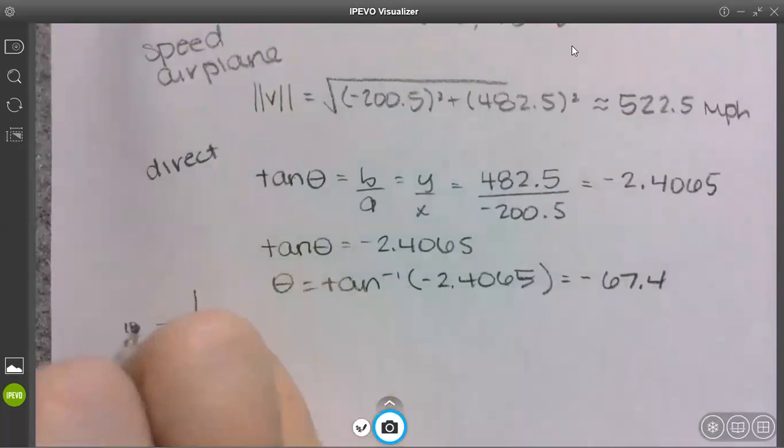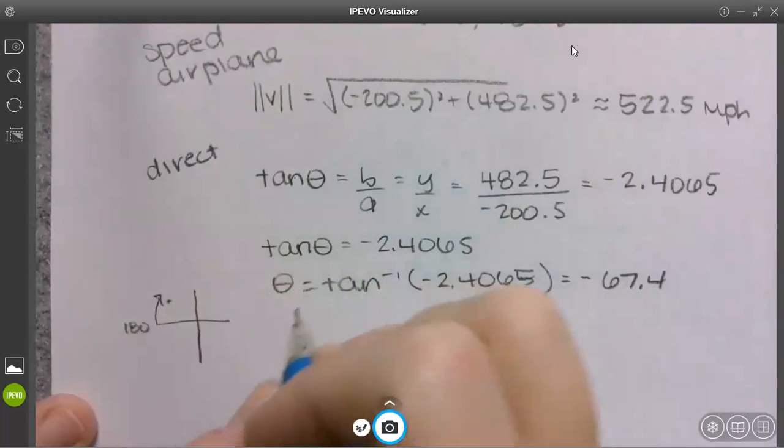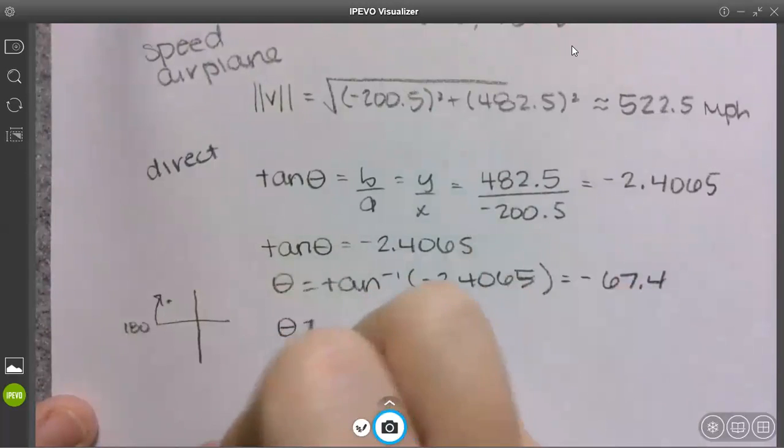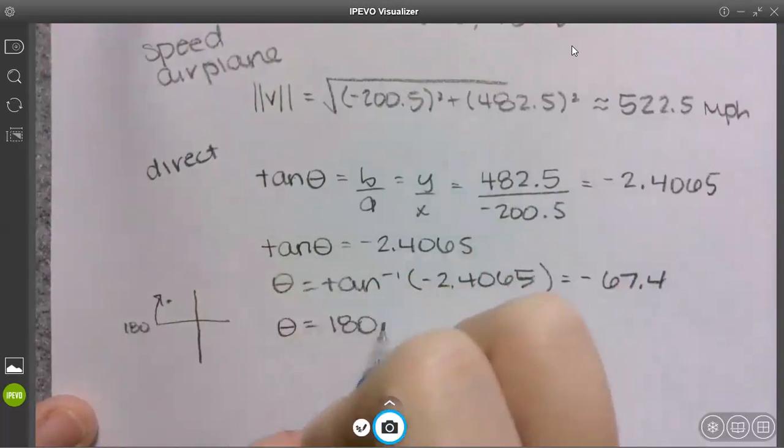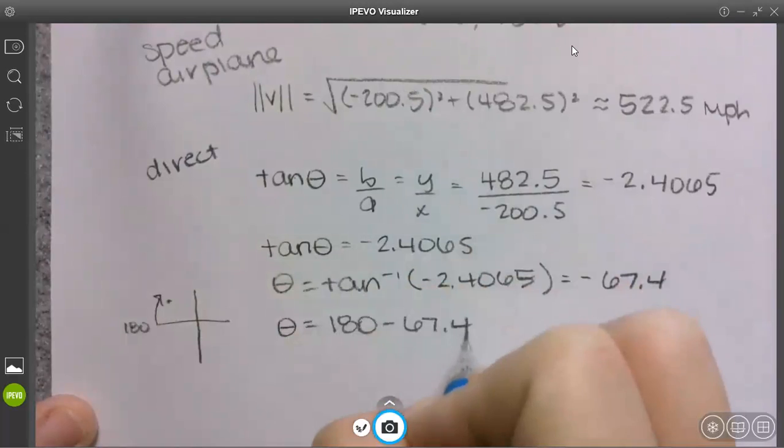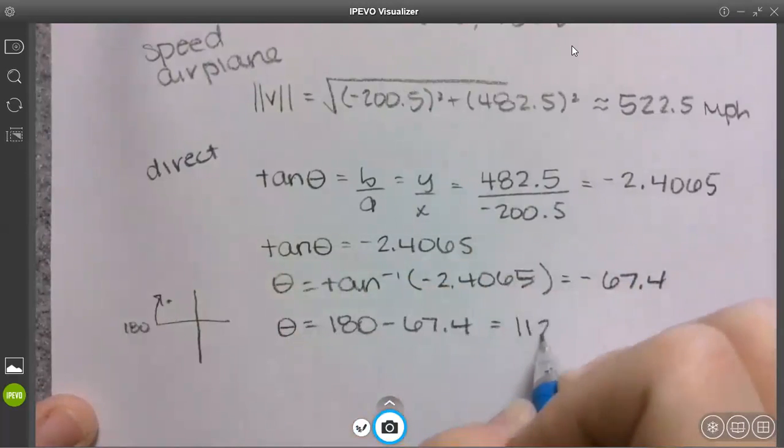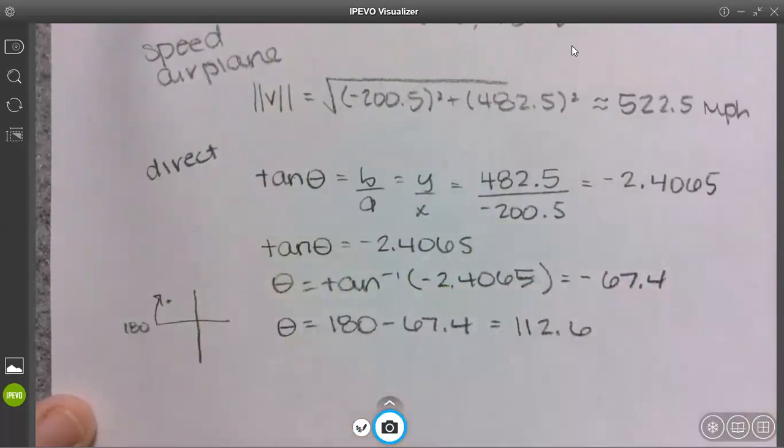Again, we're up here in this quadrant with that airplane, if you look at all your other things. So we're going backwards 67.4. So theta is going to equal 180 minus 67.4, which is 112.6.